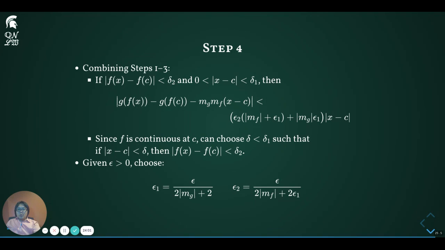The reason that we chose the denominator of epsilon 1 to be 2mg plus 2 and not just 2mg is because there is a possibility that the slope mg of g at the point f(c) is 0, and we want to avoid division by 0. And since twice mg plus 2 is always bigger than twice mg, this ensures that mg times epsilon 1 is no more than epsilon halves.